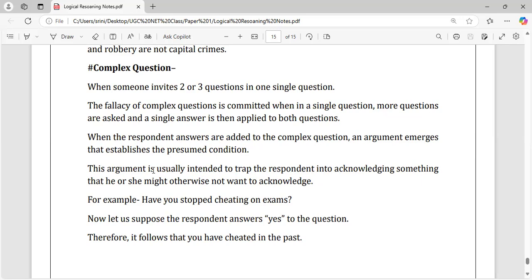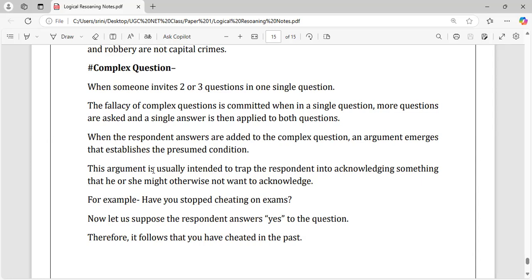If he answers yes, then he admits that he previously cheated in exams. If he says no, then he is admitting that he is still cheating in exams.